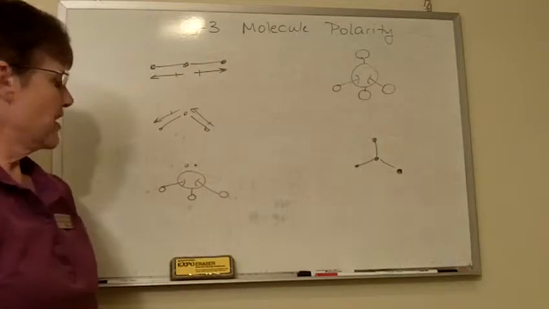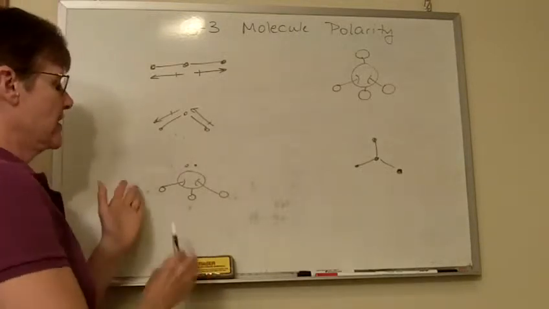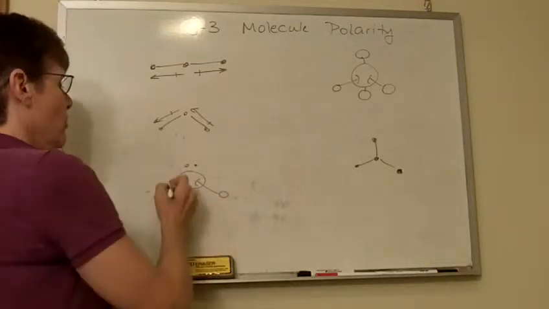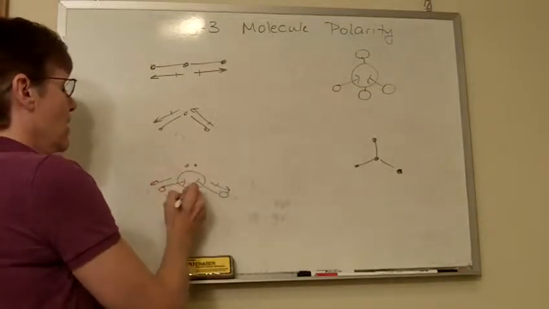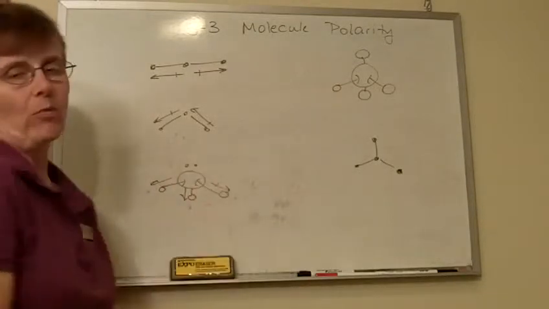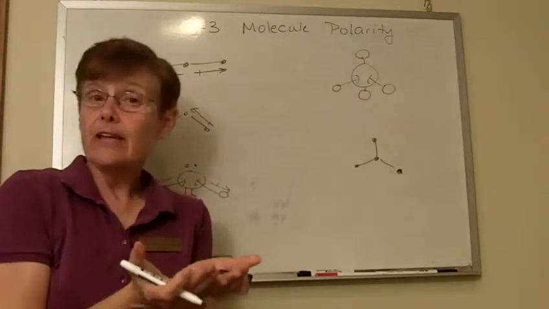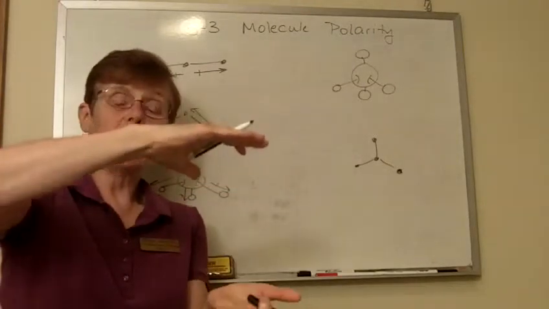So looking at this is our pyramid. Most often you're going to have examples where these three atoms are all the same. So maybe you'll have polarity going in this direction. We would consider that the bottom of the molecule. Think of the pyramid standing on the ground, or that three-legged stool we talked about before. So we have the top of the stool and the bottom of the stool.